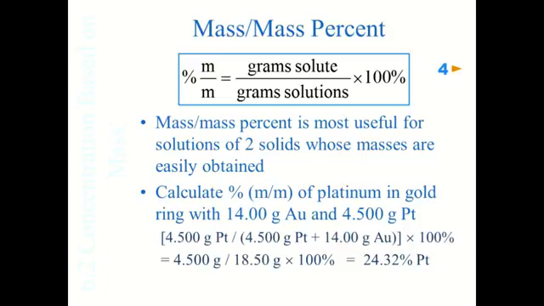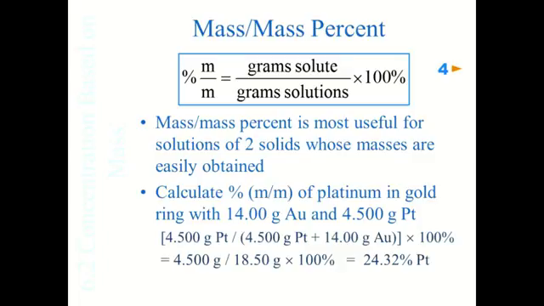Or look at the problem that's on the board. Calculate the percent mass over mass of platinum in a gold jewelry sample containing 14 grams of gold and 4.5000 grams of platinum. Okay? So we want the percentage of platinum in the jewelry.